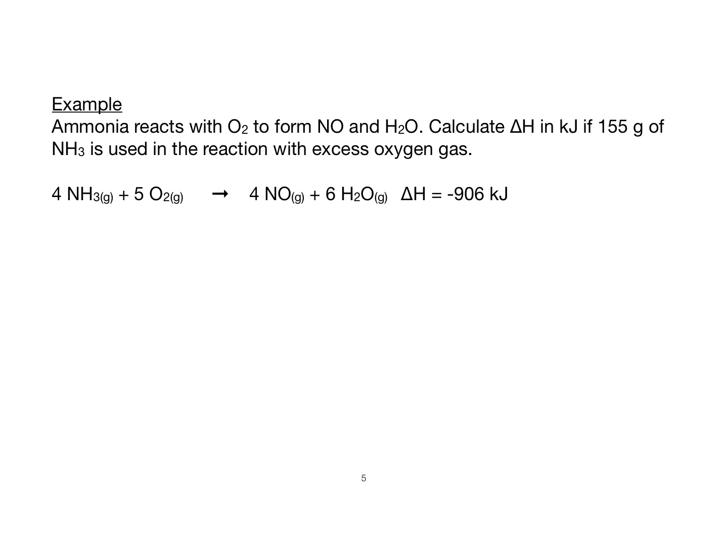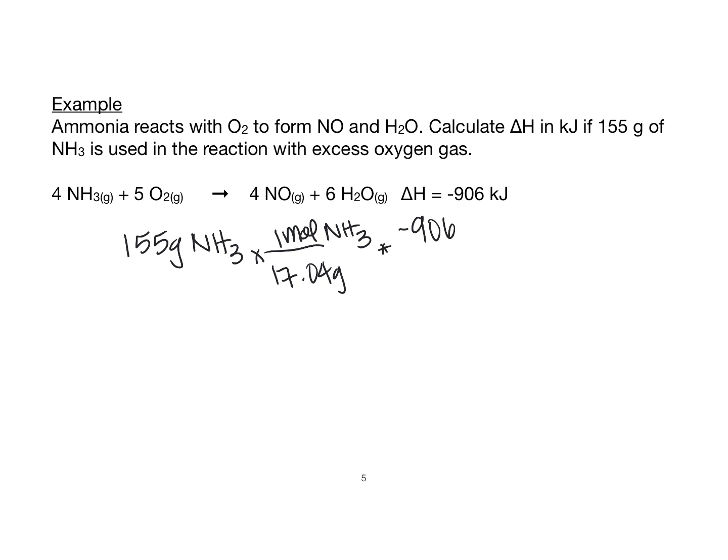So we're going to take our 155 grams of ammonia, which is NH3, divide by the molar mass of 17.04 grams per 1 mole of NH3, and then multiply this by the delta H of reaction, which is negative 906 kilojoules divided by the 4 moles of NH3, and that gives you negative 2,060 kilojoules.